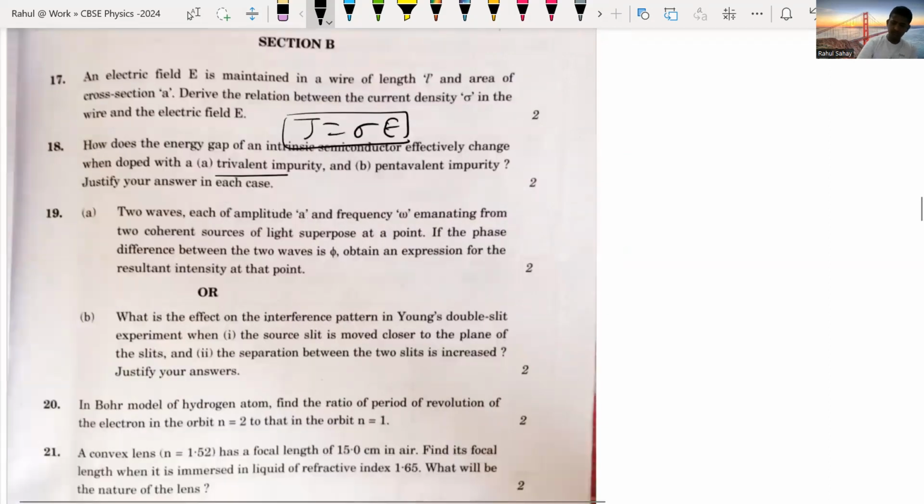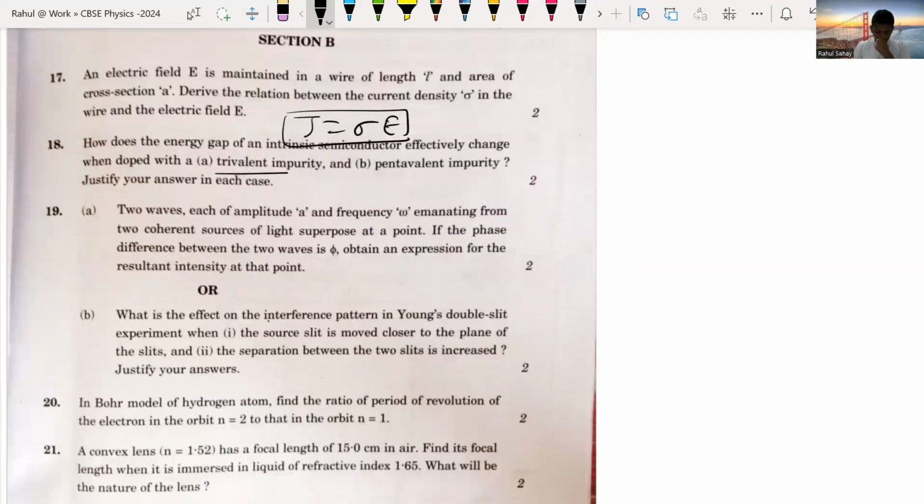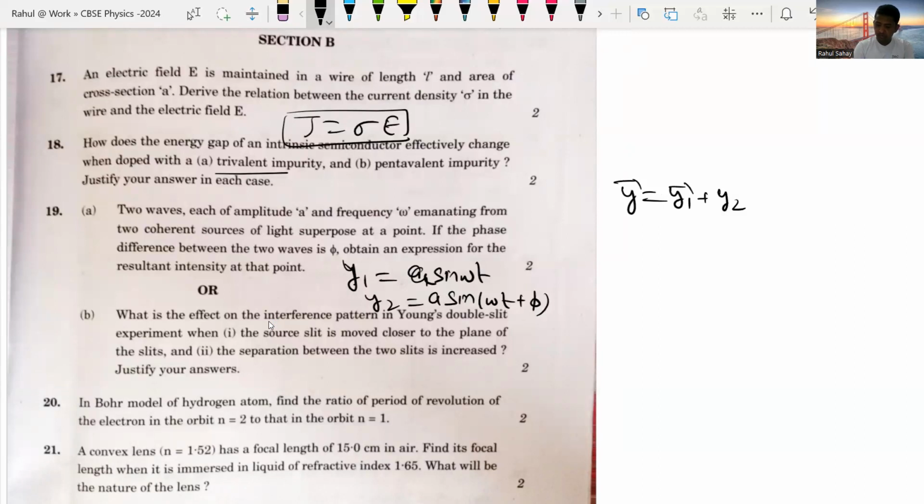19th, the two waves emitted by coherent sources with phase difference, obtain the resultant intensity. So y1 is equal to a1 sin omega t and y2 is equal to a2 sin omega t plus phi. Amplitude is the same, right? If you add both, y is equal to y1 plus y2. So A becomes what?